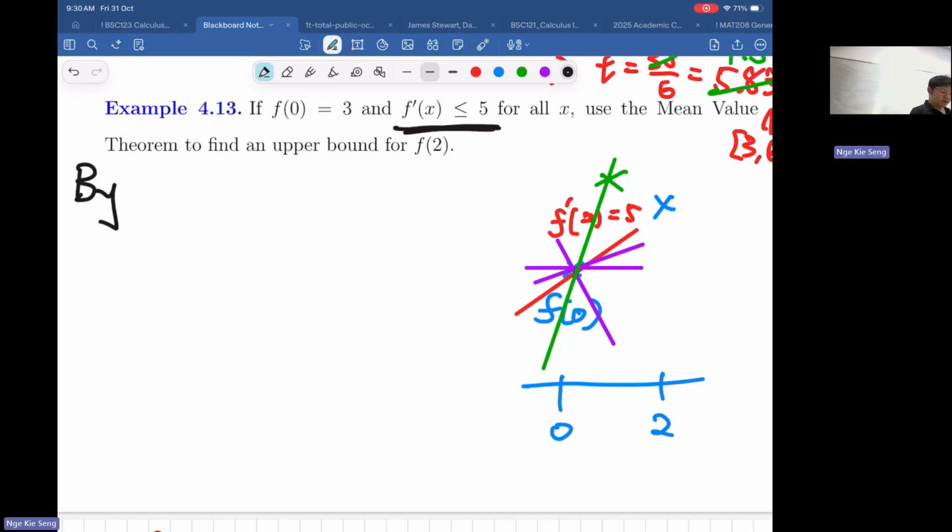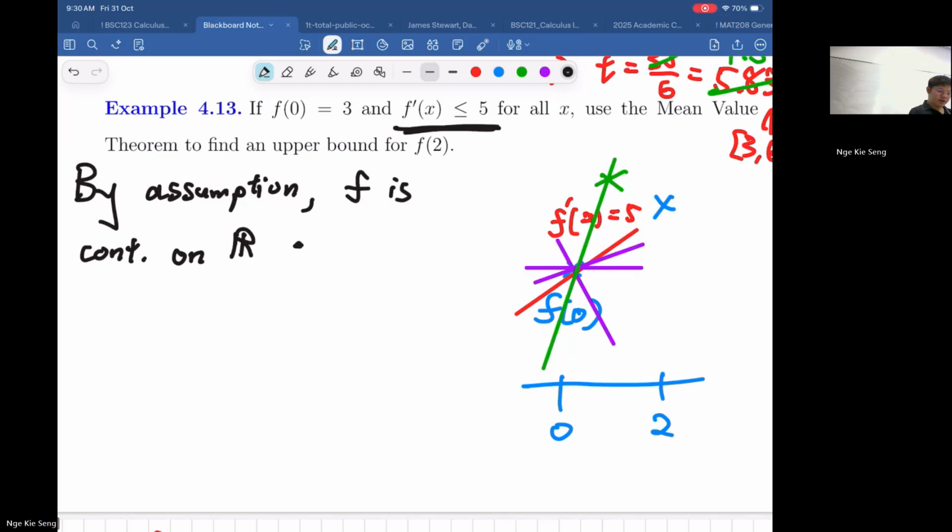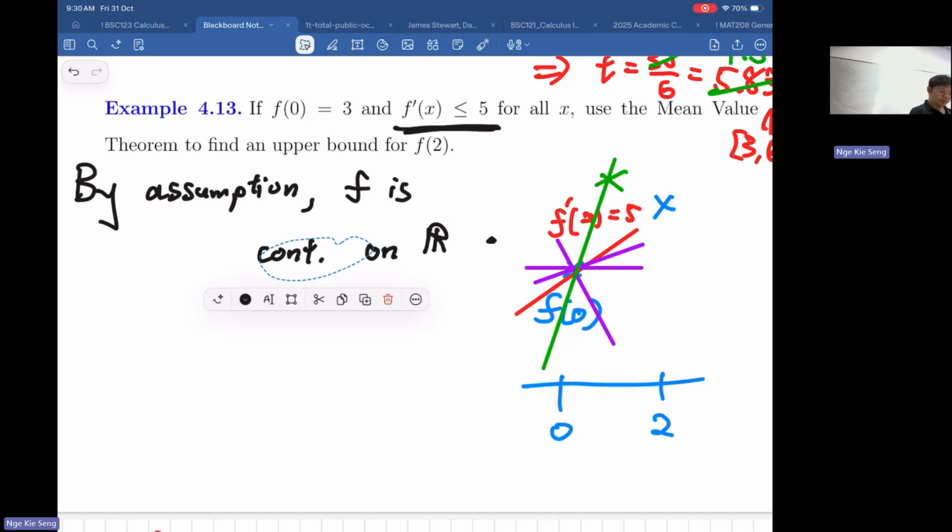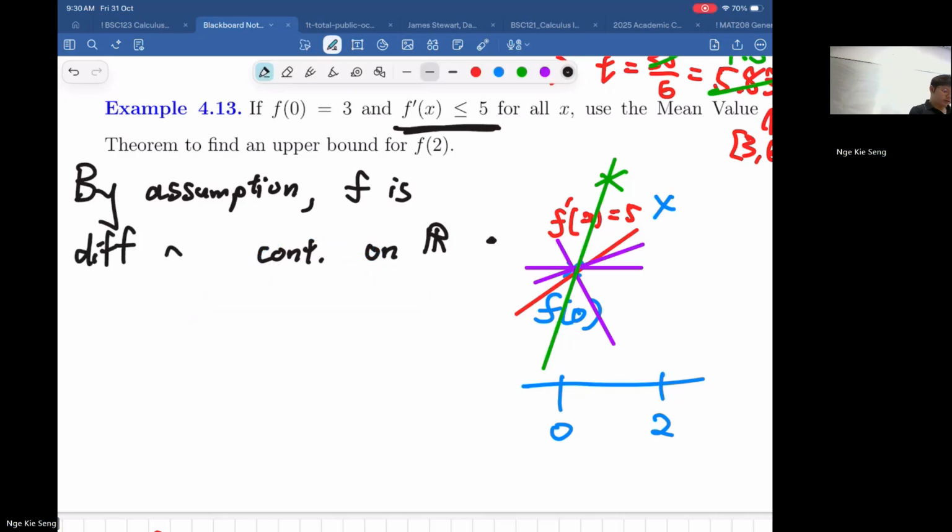So by assumption, f is not just continuous, it's actually differentiable. And differentiable implies continuous, if you still remember the theorem that we introduced last time. Differentiable is stronger than continuity.